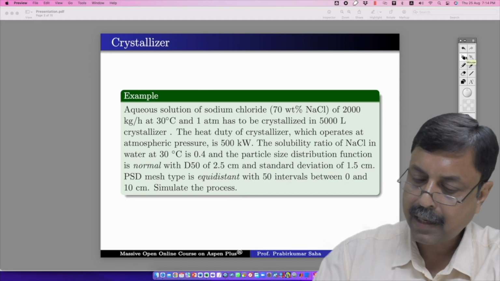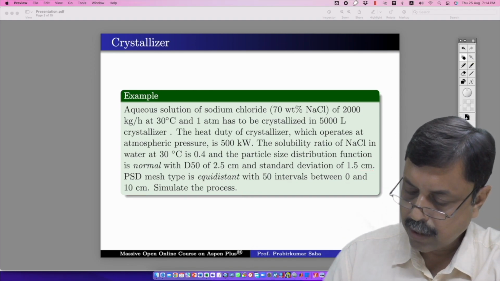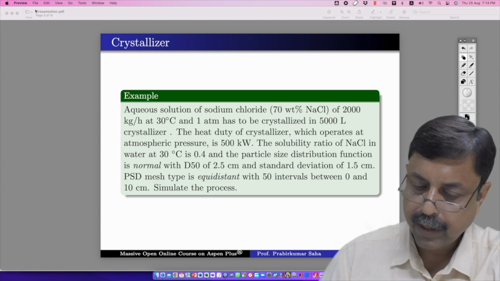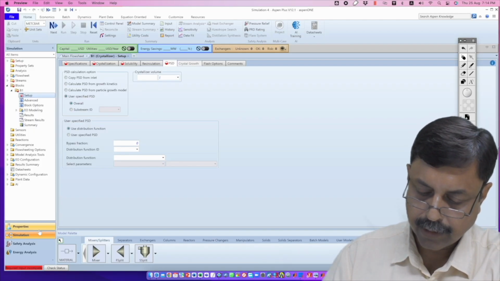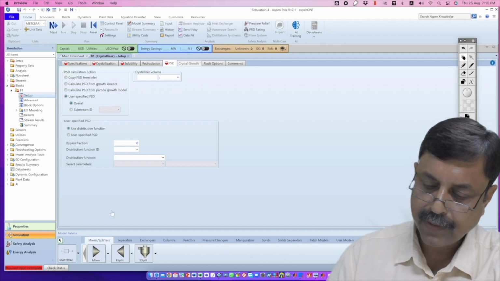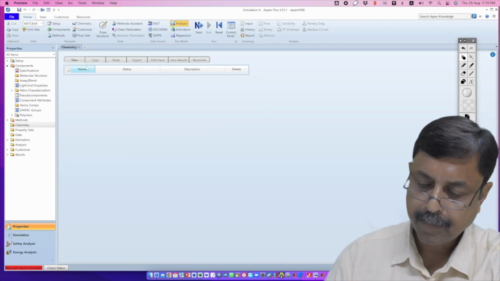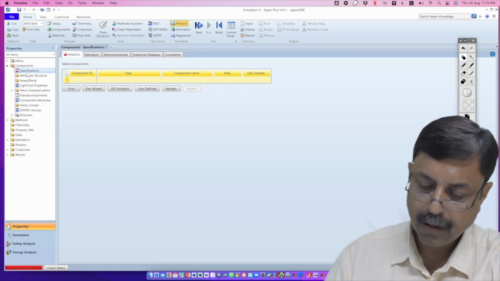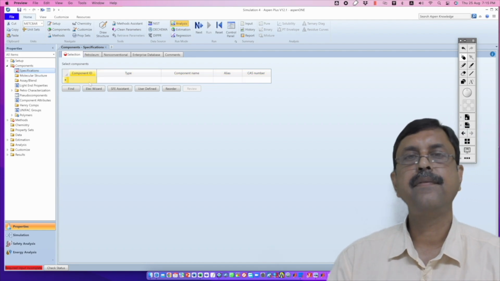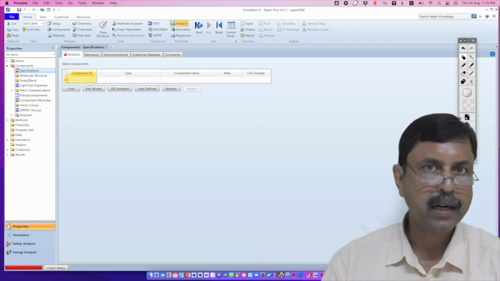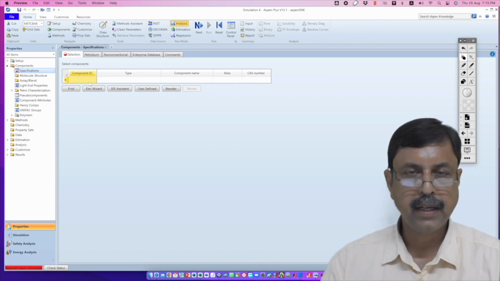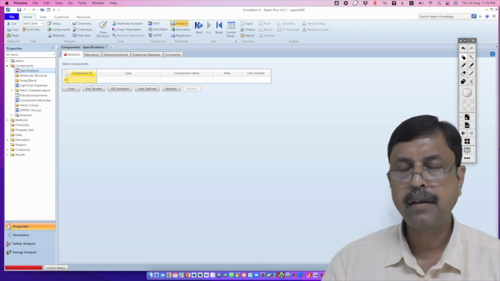So for that, we go to our simulation window. Let us go to the properties first. Go to composition. So we have NaCl and water. There is no other component over here. So only sodium chloride and water.